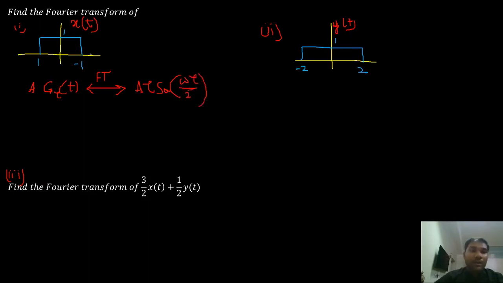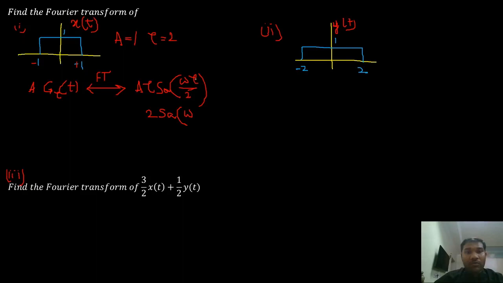Here a is equal to 1, and tau is the width of the rectangular pulse. This is minus and this is plus, so the width is going to be from -1 to +1, that is 2. Let us substitute these values here. A is 1 and tau is 2. So the Fourier transform for the first signal is 2 sampling omega.